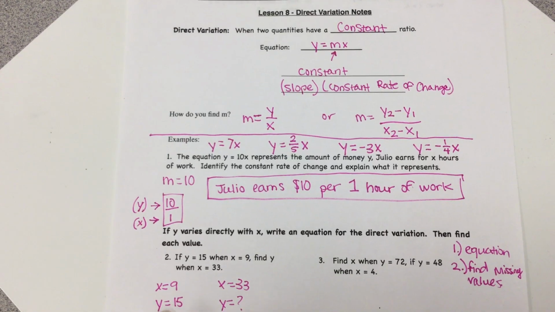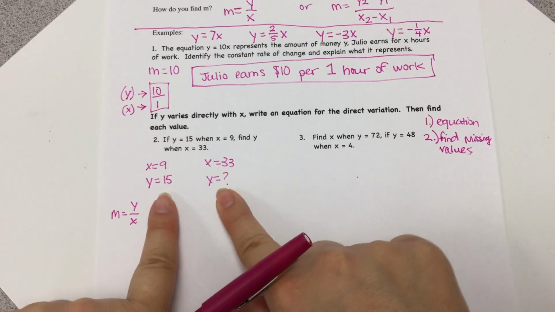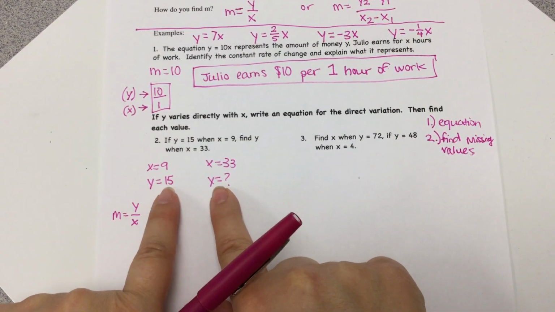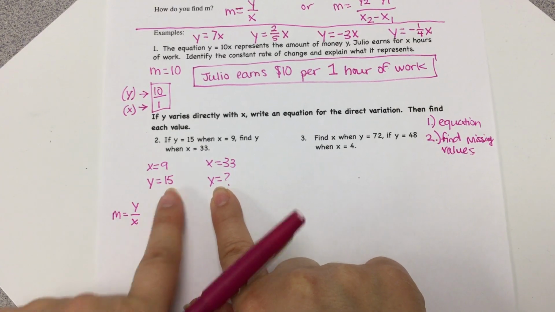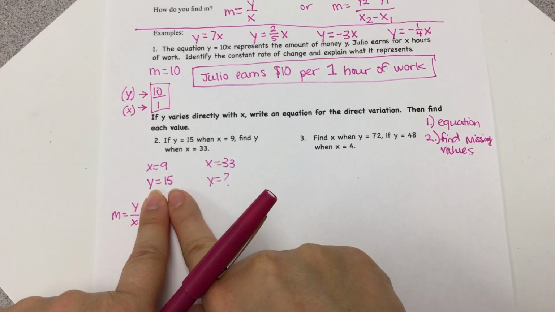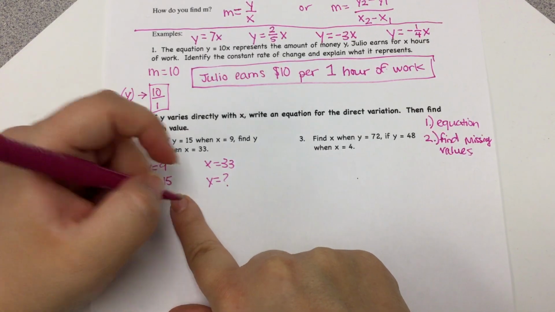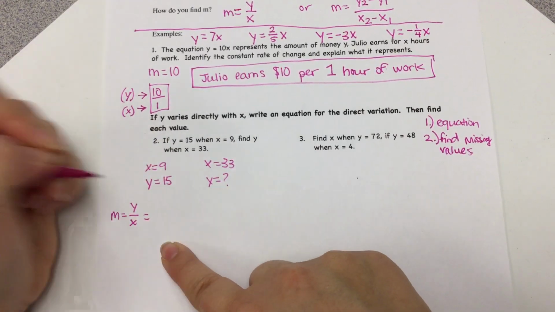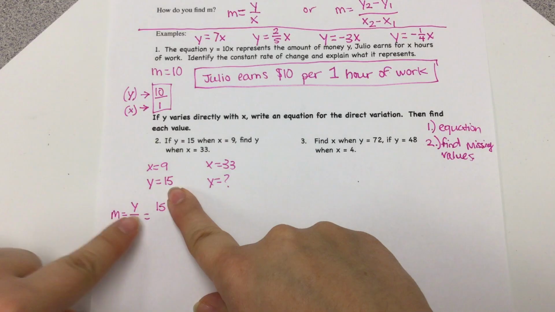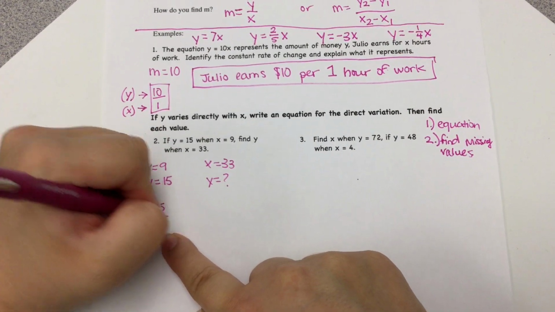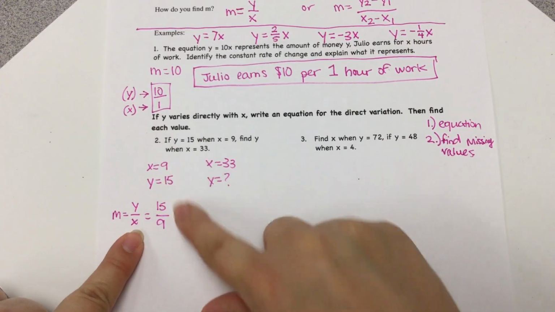So now I'm going to look at which point do I have where I know y and I know x? Well, that's this point, 9 and 15. So I'm going to say that my m then is equal to 15, because that's my y value, over 9, because that's my x value.